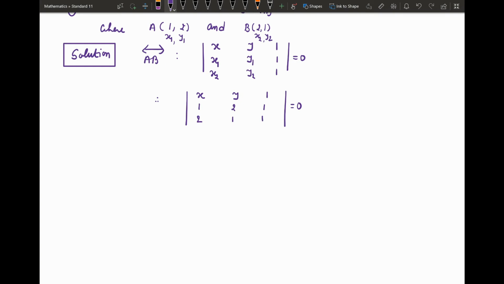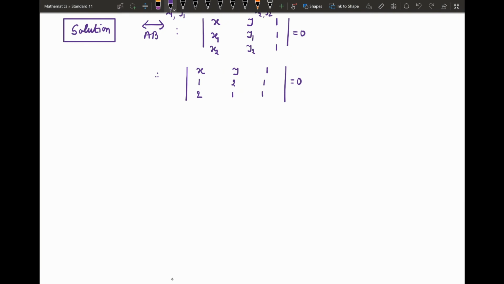Now let us evaluate this. So x into the 2 by 2 determinant, as we have discussed how to evaluate a 3 by 3 determinant, 2 1 1 1. For the second entry we have to take minus y into, again leaving the column and row in which y lies, the remaining entries will form the 2 by 2 determinant 1 1 2 1.